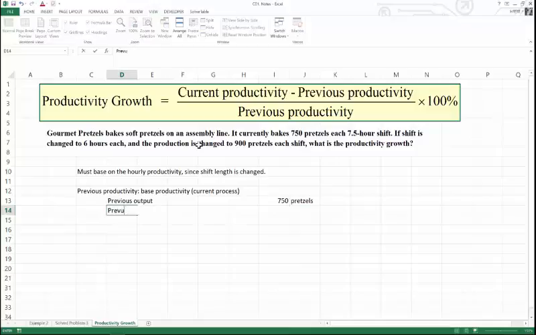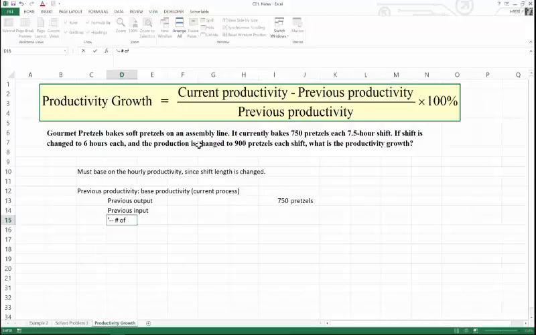For this one, we need to do a little bit of calculation because we need to convert everything into hours. First, we know production is based on shifts.